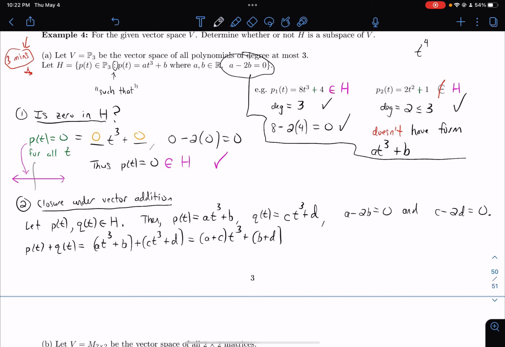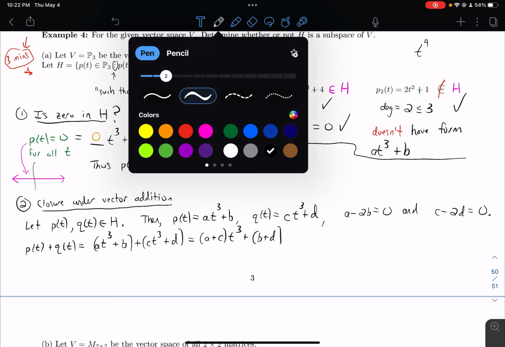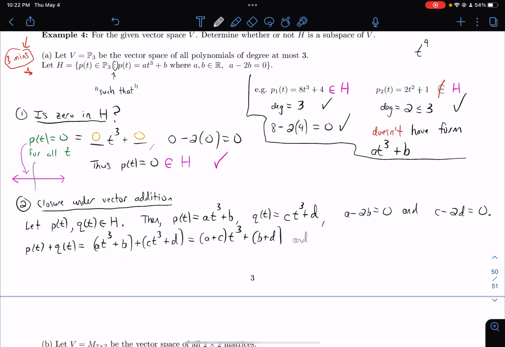What's left for me to check is, do the coefficients satisfy this? So let's check that. If I do the first coefficient, which is a plus c, and then minus 2 times the second coefficient, which is b plus d, I'm really hoping that that will equal 0. Well, let's simplify this. If I rearrange it, it becomes a minus 2b plus c minus 2d.